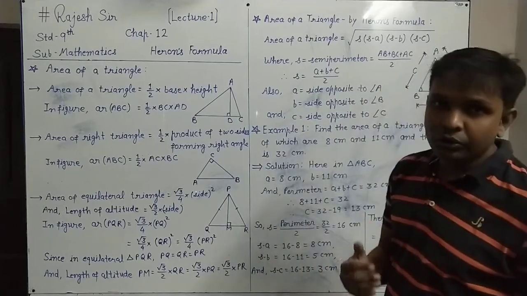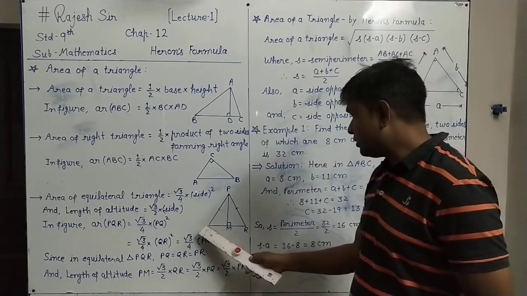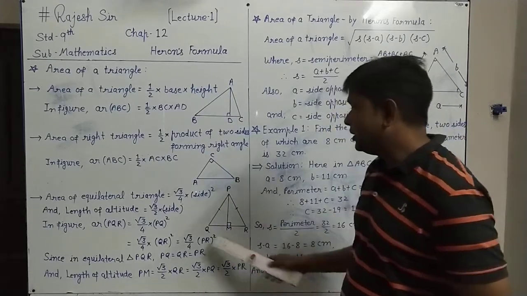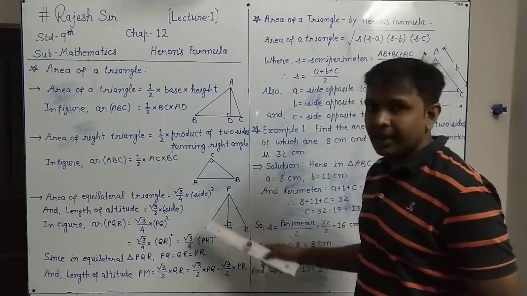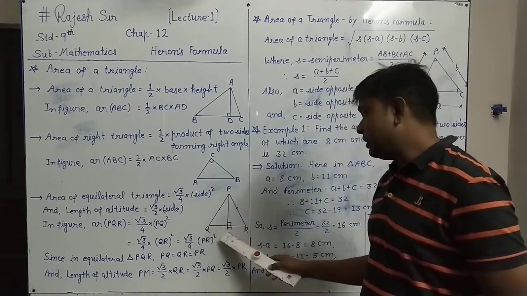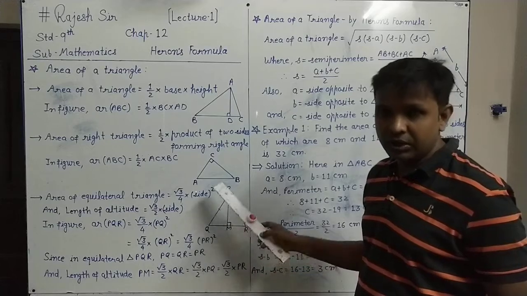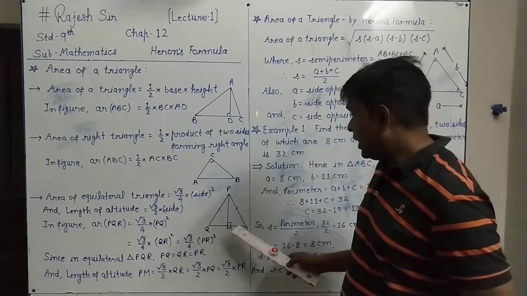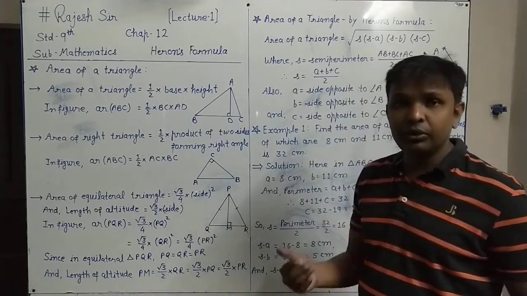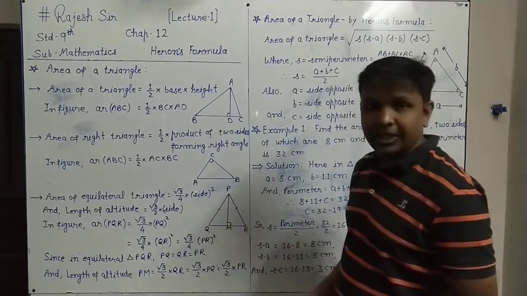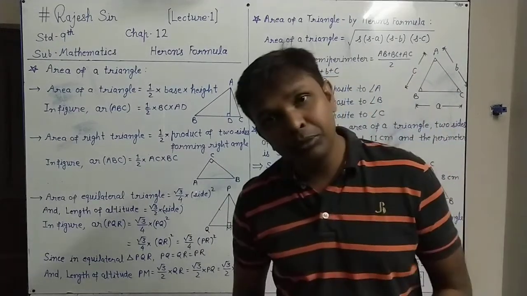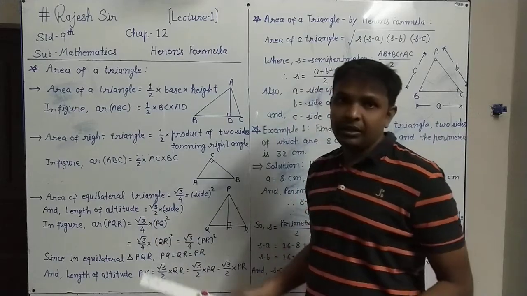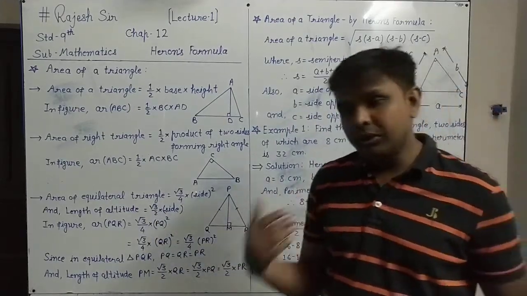In an equilateral triangle all three sides are equal, so PQ equals QR equals PR, and the area of triangle PQR will be root 3 by 4 into side square. PM is an altitude, and we can also draw the altitudes QN and RF. All sides are the same, so all altitudes will be the same. The formula for the length of the altitude is root 3 by 2 into side.